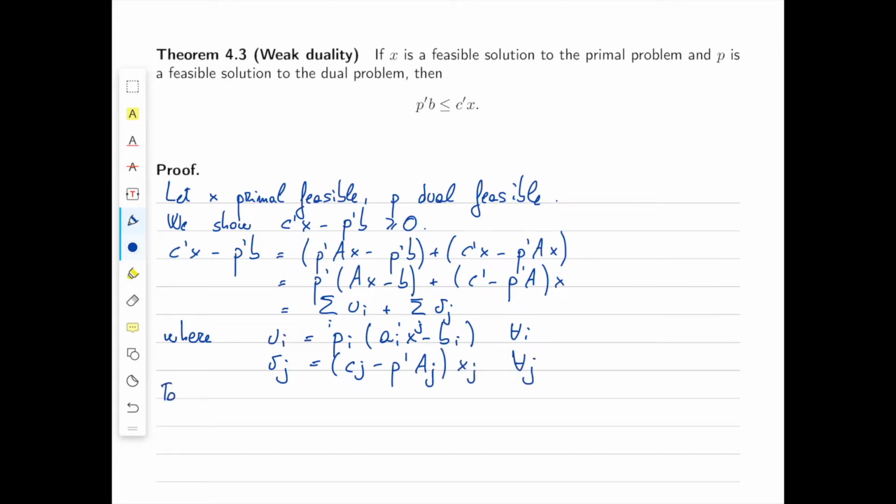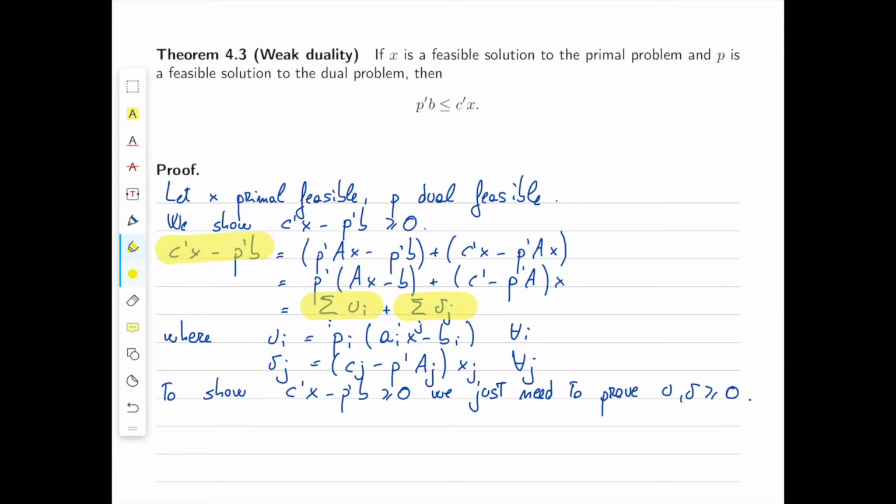Of course, to show that C transpose X minus P transpose B is greater than or equal to 0, we just need to prove that u and v are both greater than or equal to 0. In fact, if we do so, then this sum is greater than or equal to 0, and this sum is also greater than or equal to 0. Therefore, C transpose X minus P transpose B is also greater than or equal to 0.